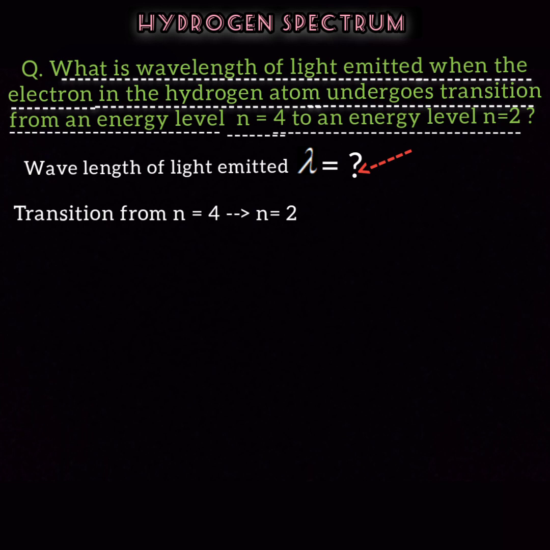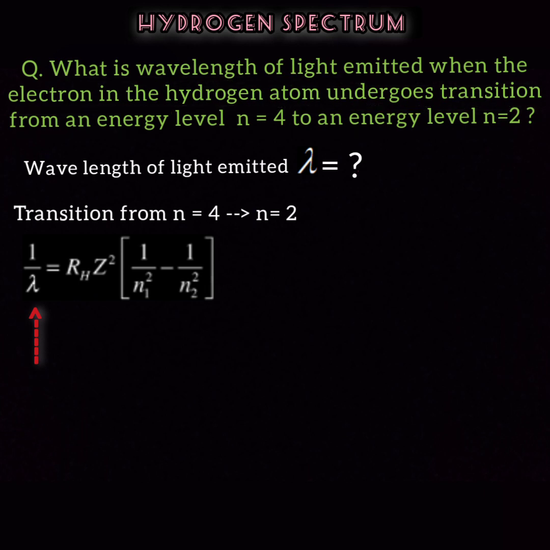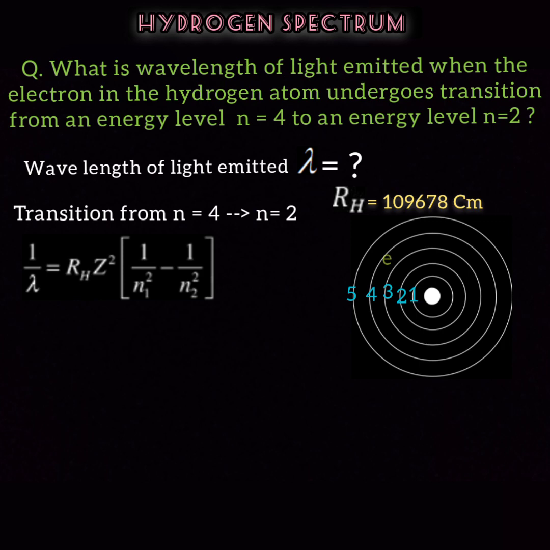For wavelength, we use the Rydberg formula: 1 by lambda equal to R_H Z squared (1 by n1 squared minus 1 by n2 squared). In this question, it is given that an electron jumps from an energy level of 4 to an energy level of 2, which means n1 equal to 2 and n2 equal to 4.